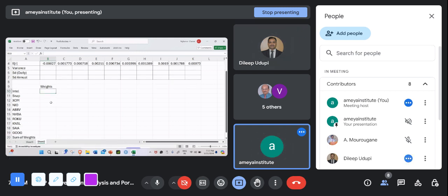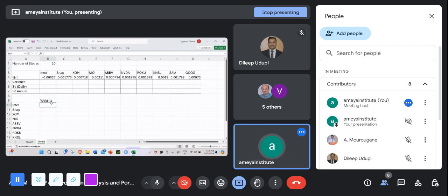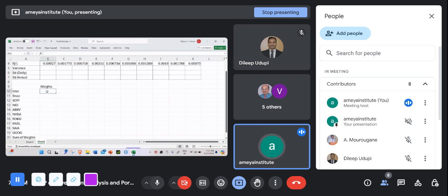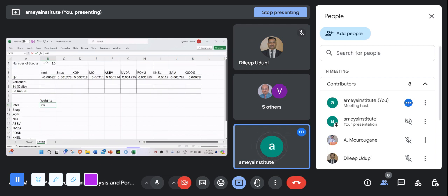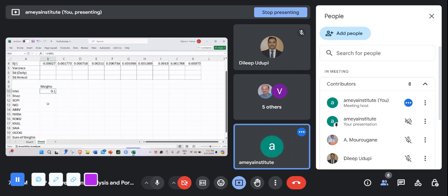Yes. Okay. Now there are 10 stocks. I will assign an equal weightage for all the stocks for an equal portfolio. So how do we assign equal weightage for 10 stocks? Is equal to 1 divided by 10, and I'll put function F4. So each stock will have 0.1 weightage, right?